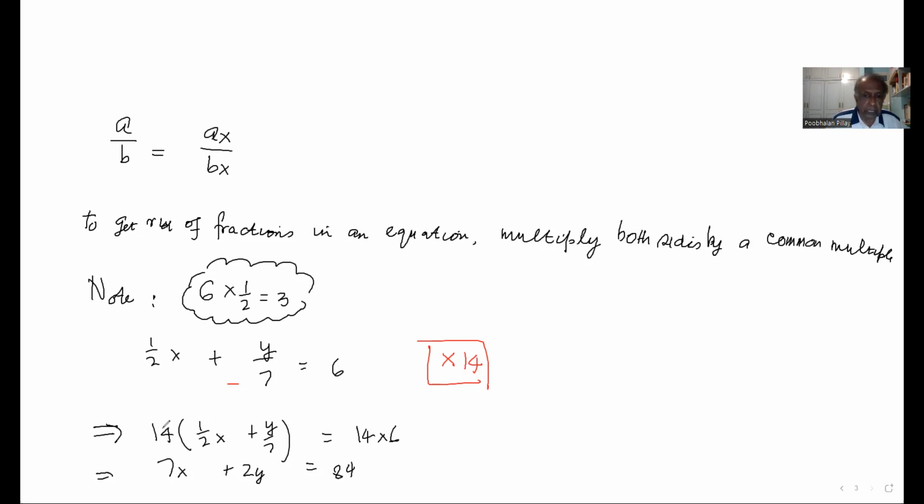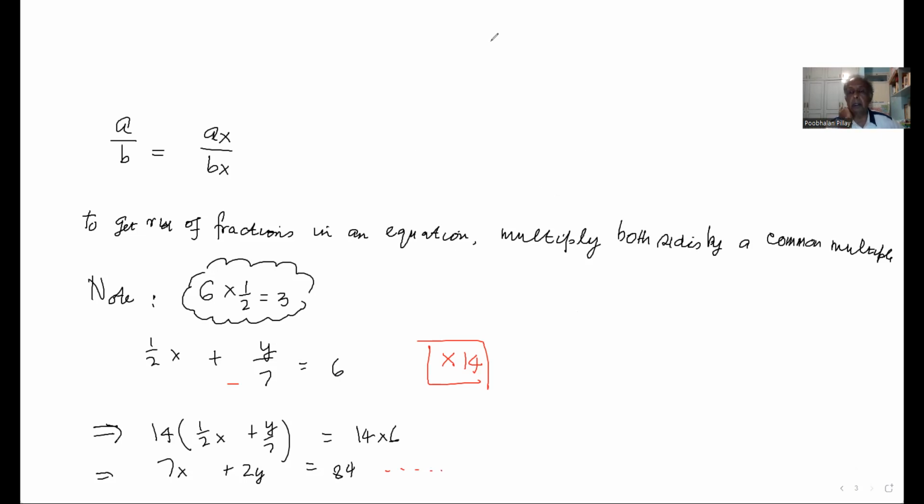Now, 14 times half is the same as 14 divided by 2, which is 7x. And here you got 14y over 7, and 14 divided by 7 is 2y. And 14 times 6 is 84. Then you continue. Now you got an equation which has got no fractions in it. So this is a way to get rid of fractions. Okay.